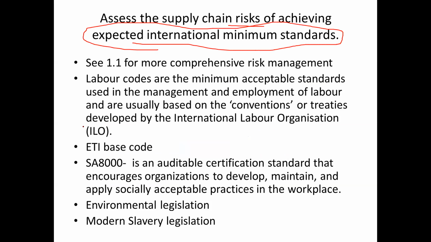Well, my reading of that is C1.1 for risk management, but labour codes, such as ILO, ETI base code, SA 8000, environmental legislation, slavery, fraud, corruption, bribery, ethical behaviour. But this whole learning outcome is vague.